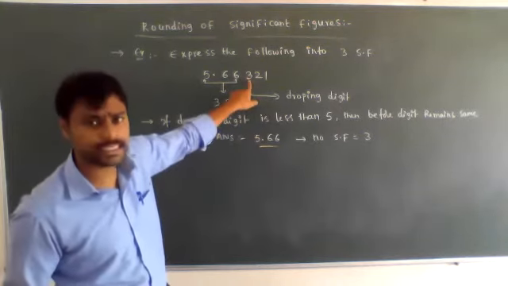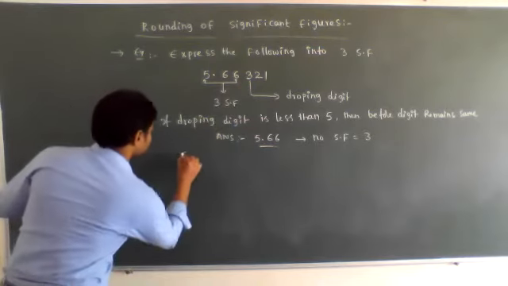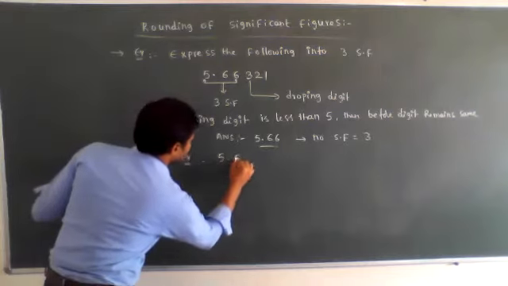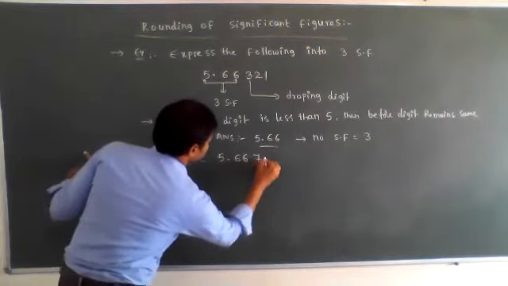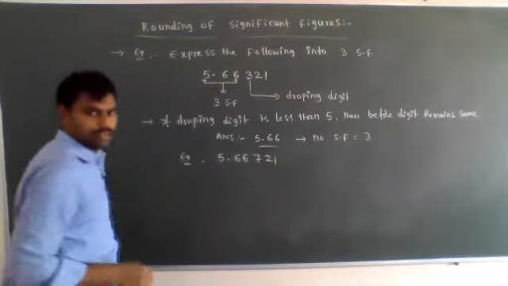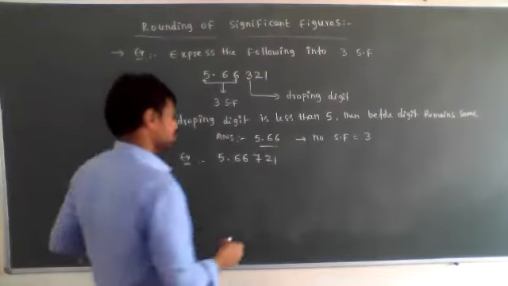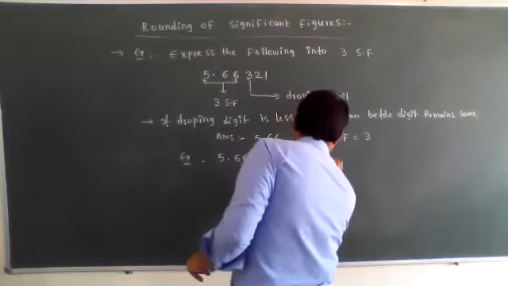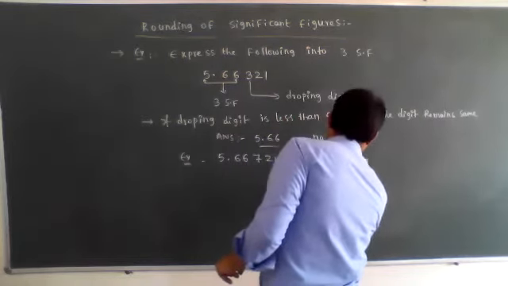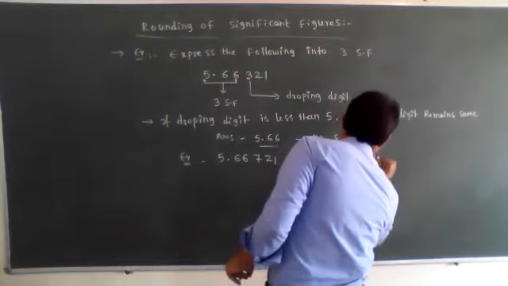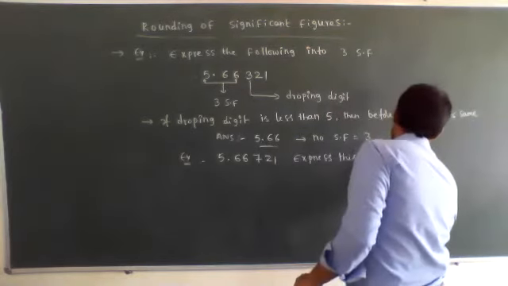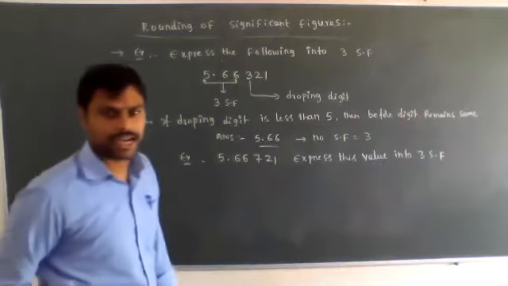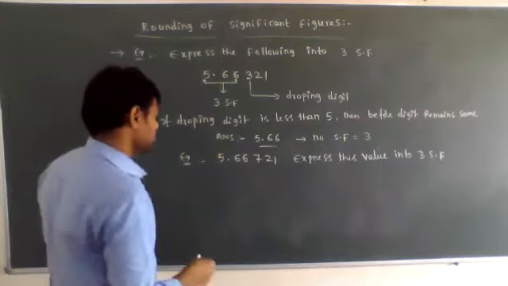If this digit is more than 5, for example, 5.66721, express this value into 3 significant figures.